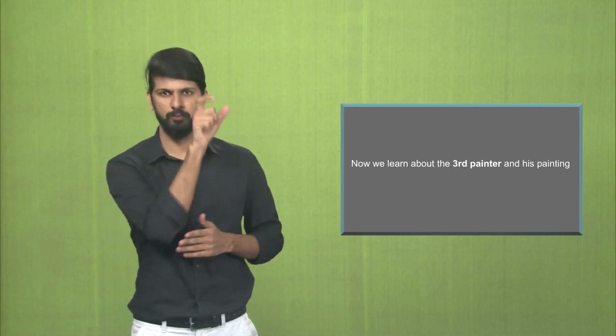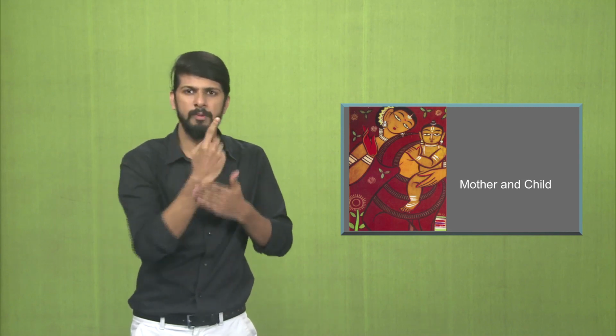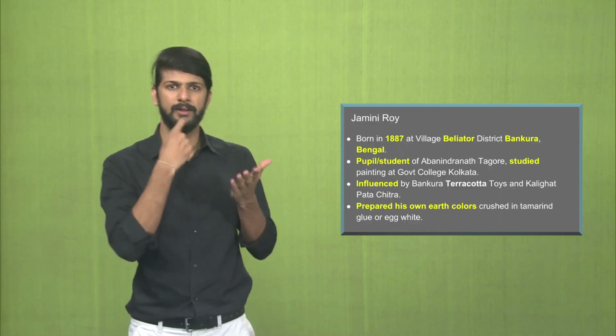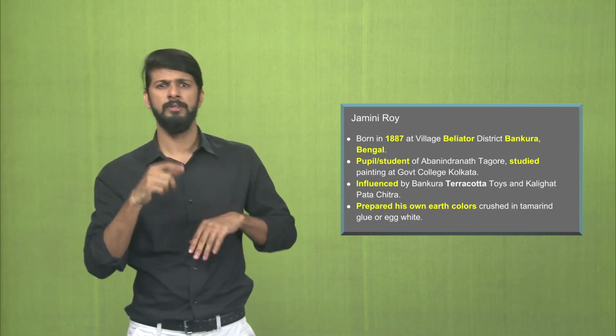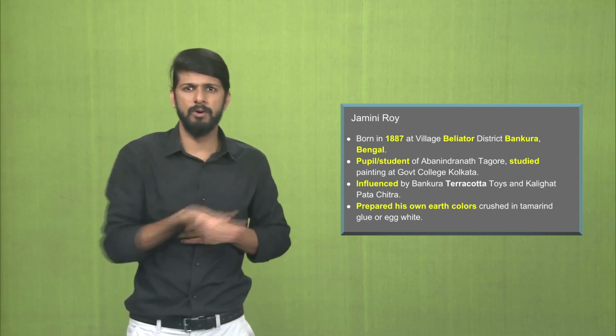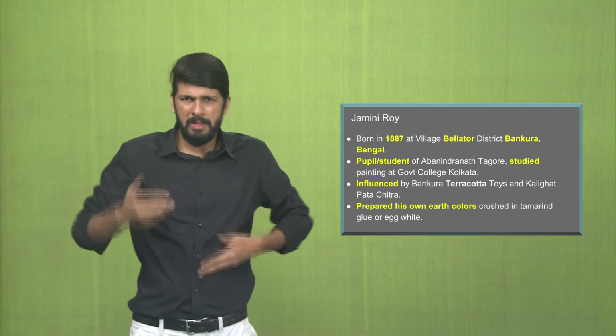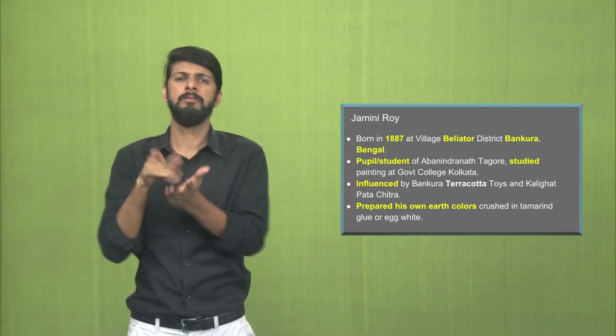Now we learn about the third painter and his painting. This is the third painter, Jamini Roy, and this is the artwork of Jamini Roy, Mother and Child. Jamini Roy was born in the year 1887 in the state of Bengal, in the district of Bankura, and the village called Beliator.